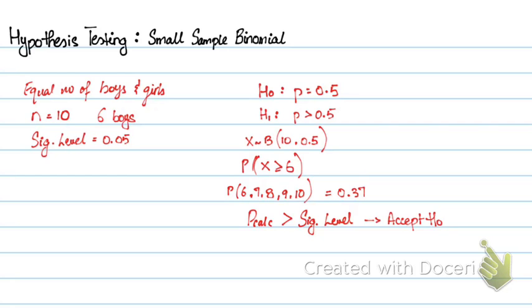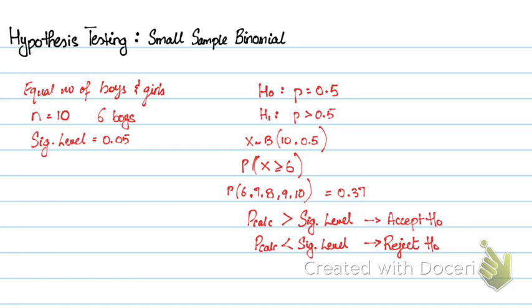If your calculated probability is less than your significance level, you reject the null hypothesis.